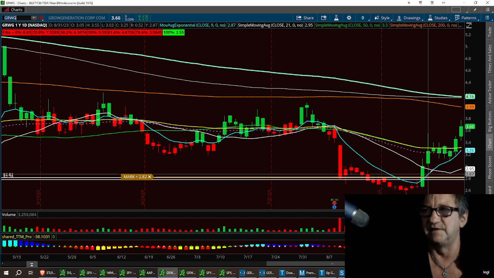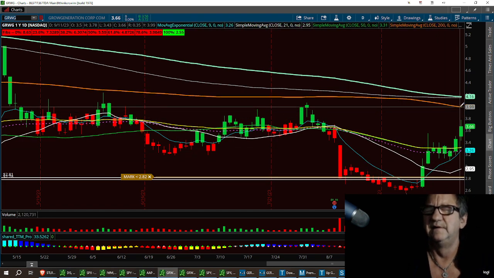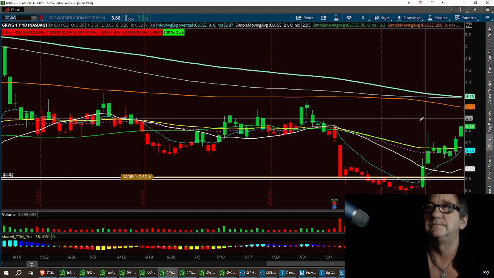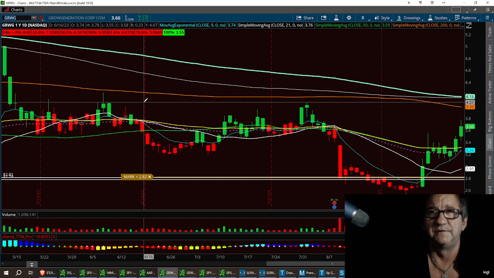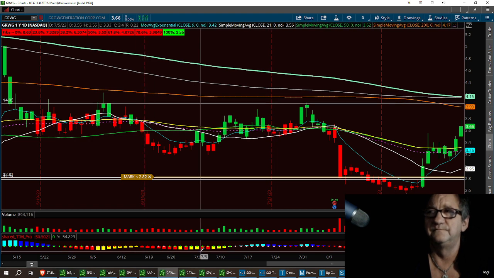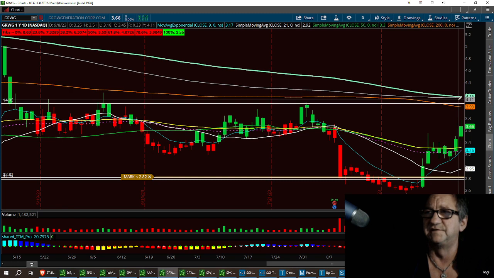I said, this thing's coming up, it's going to cross the 21, and I bet you we break out, run up to this 200. So that's going to be our hard resistance. And it does kind of match up with this here triple top, right at 405. So that's what we got to break, 405. We're going to have some resistance up in here.